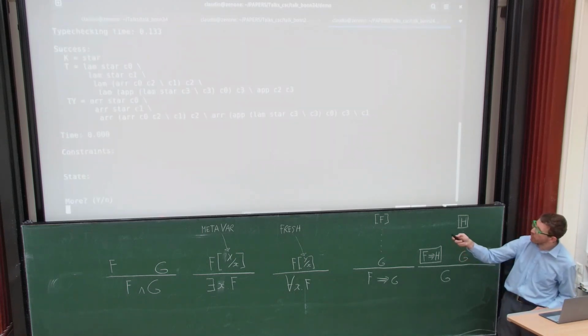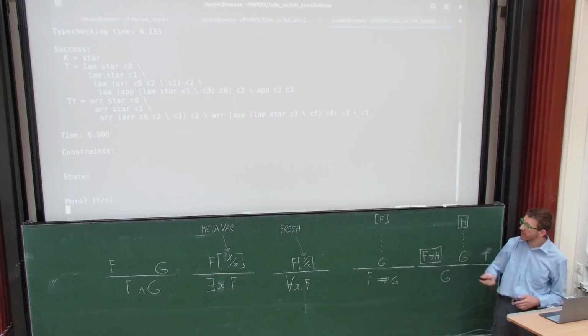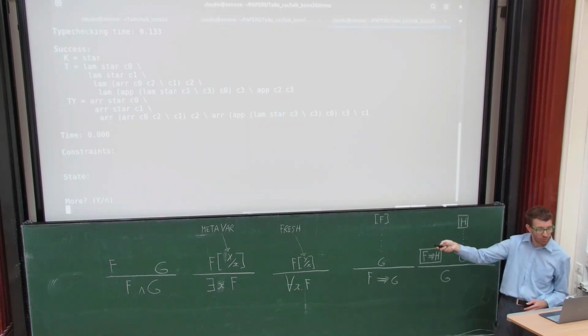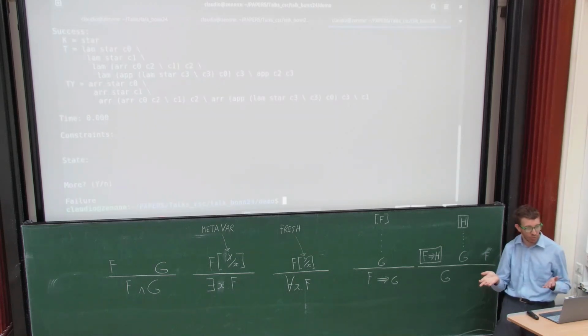It has computed the kind and the type of the lambda term by applying my rules. And it also asks me, do you want another solution? Because it can backtrack. So if I ask for another solution, there are no other solutions in this case. Okay?